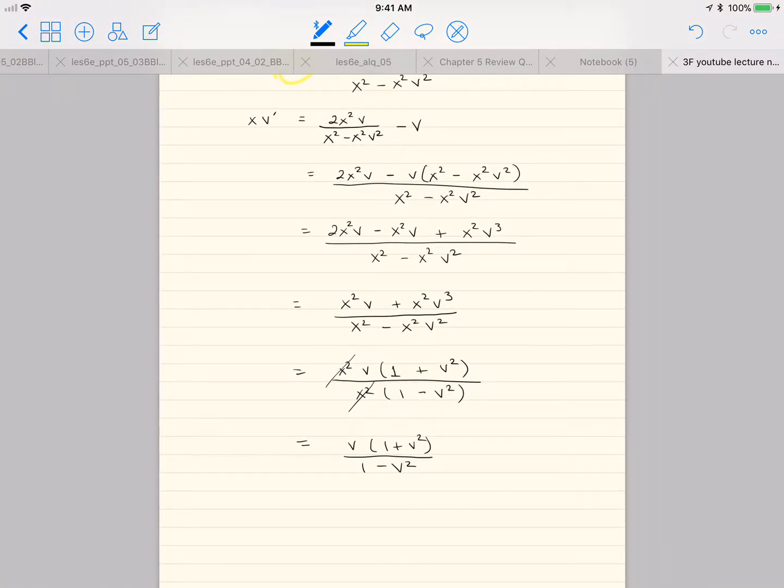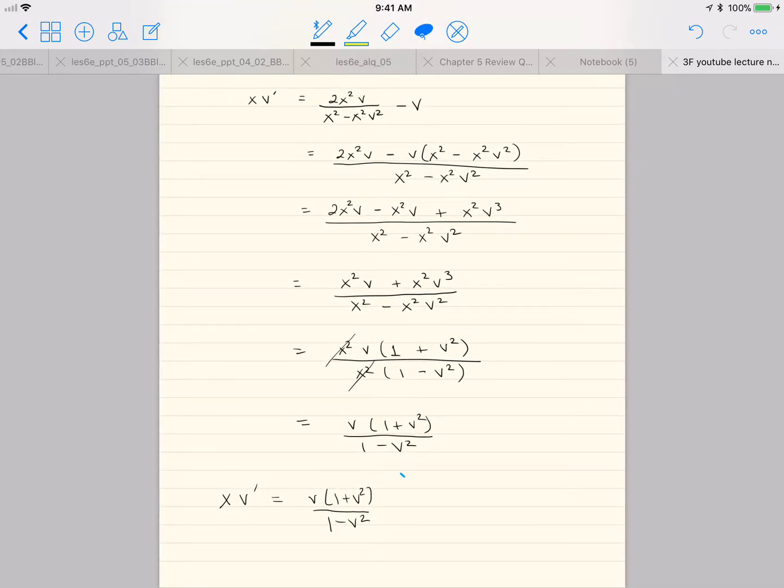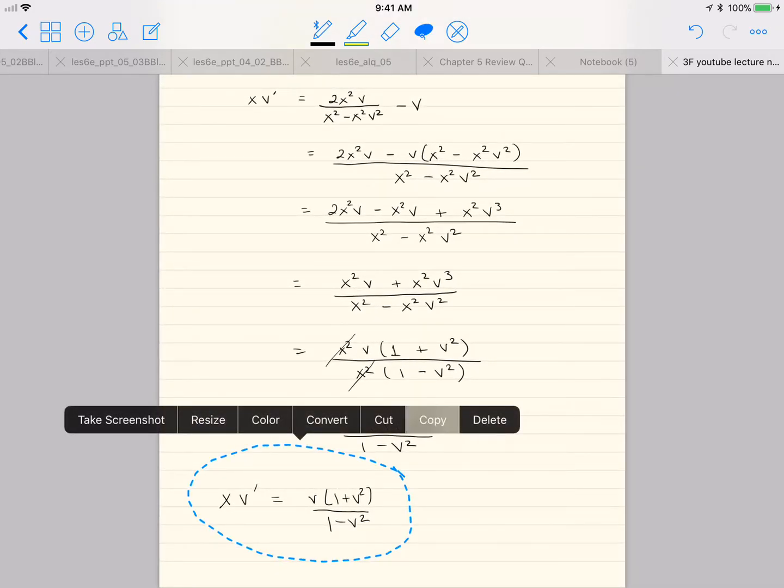We are using our algebra skills today. Is this a long problem? Yes. If you keep track of the work that you're doing, you should be just fine. And we need to practice our algebra skills. Okay, so altogether, our differential equation is x v prime equals v times 1 plus v squared divided by 1 minus v squared.